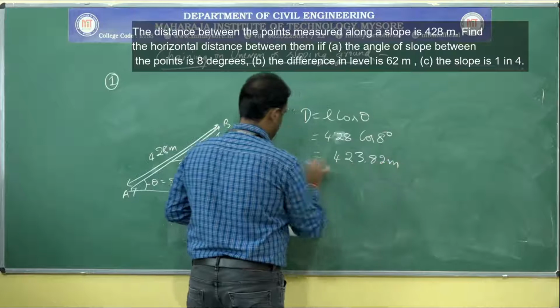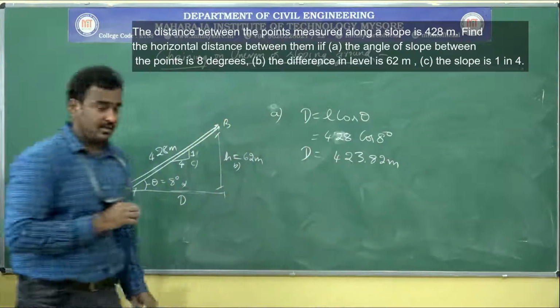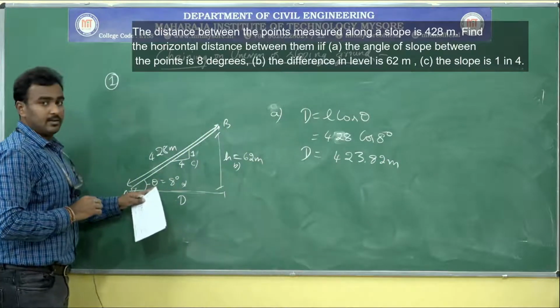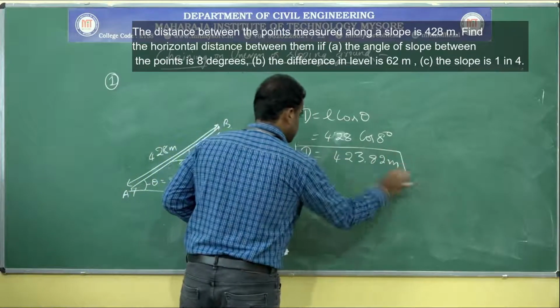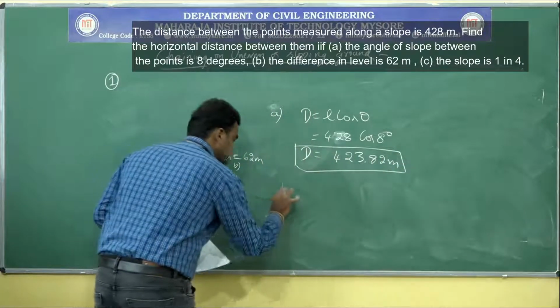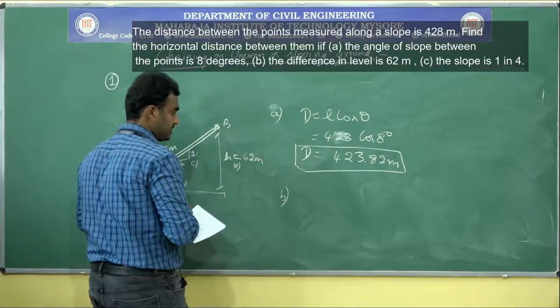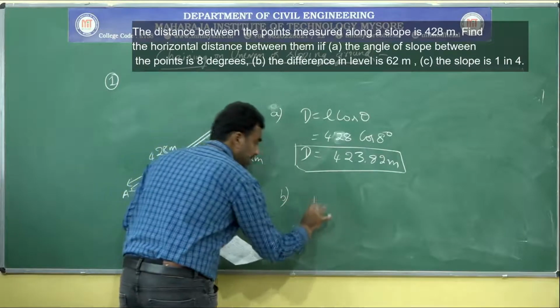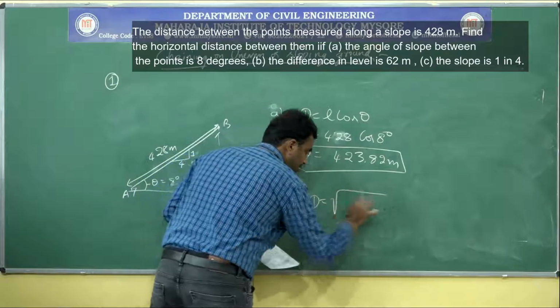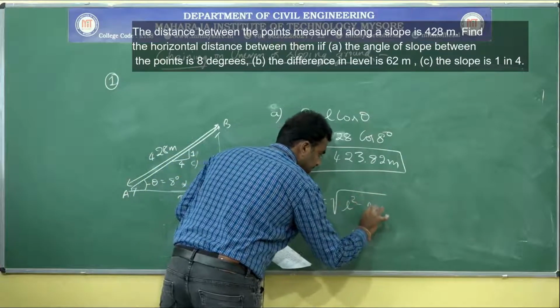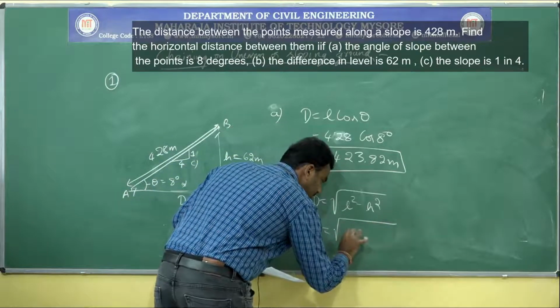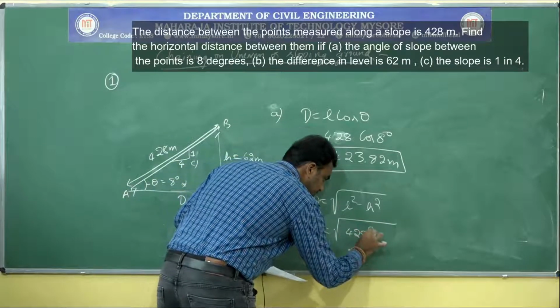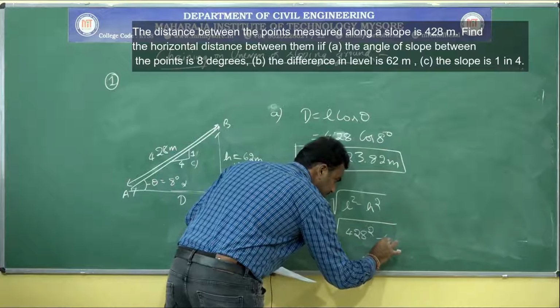423.82 meters is the horizontal distance by considering the first case. The second case is the difference in elevation, that is h. We know that d is equal to root of L square minus h square. So d is equal to root of 428 square minus 62 square.